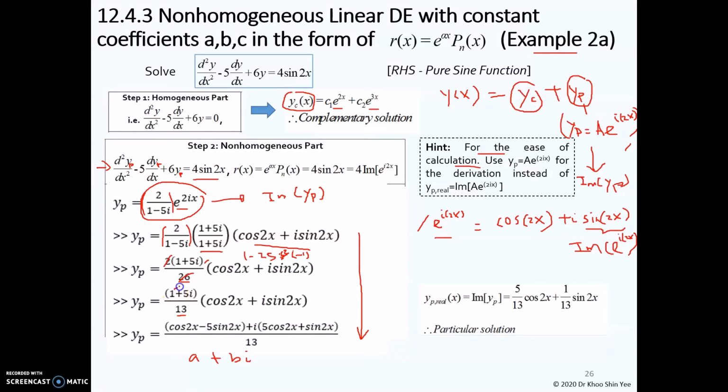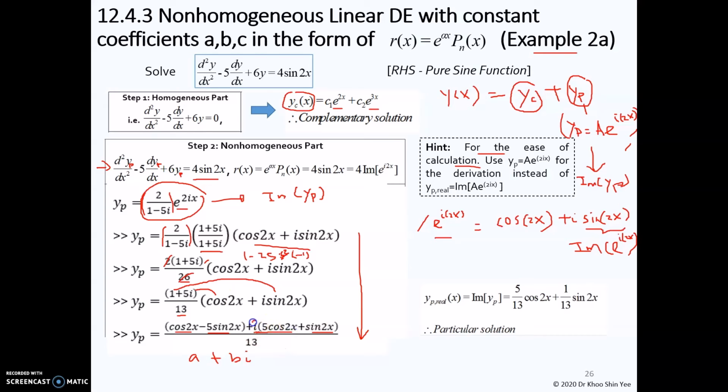Then you continue to multiply 1 with the cos 2x to obtain this. And 5i multiplied with the i sin 2x, you obtain negative 5 sin 2x. You continue to multiply 1 with the i sin 2x, then you obtain i sin 2x here. Multiply the 5i with the cos 2x, gives you 5i cos 2x.